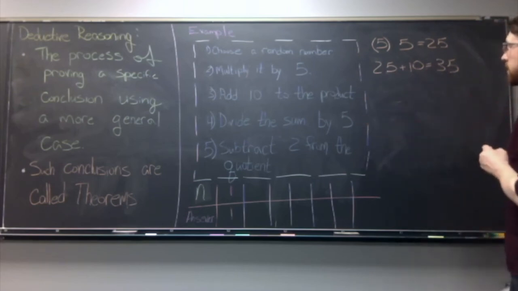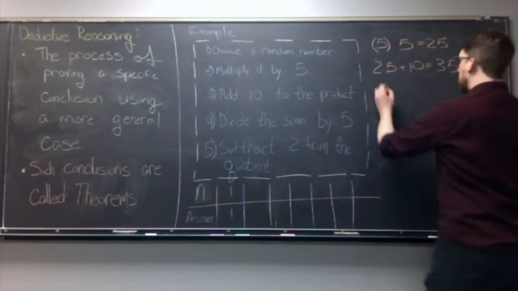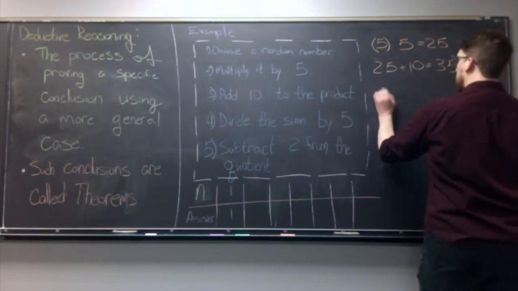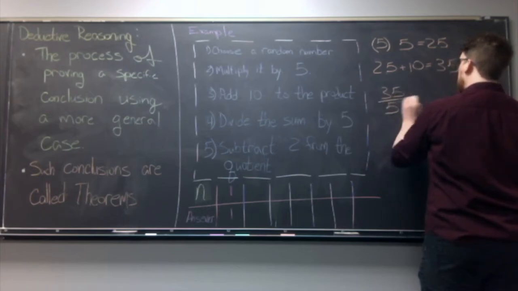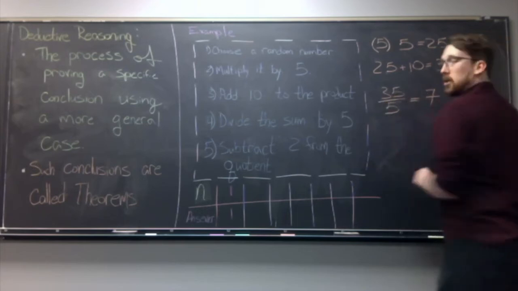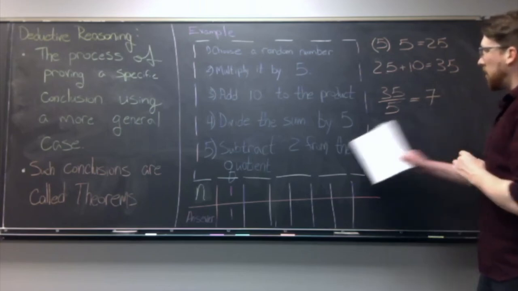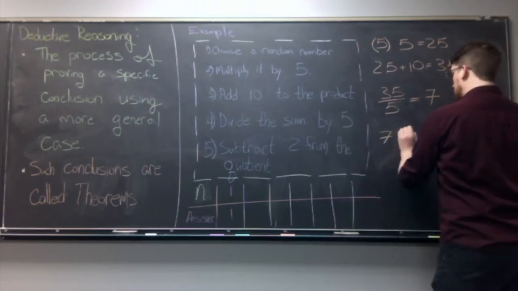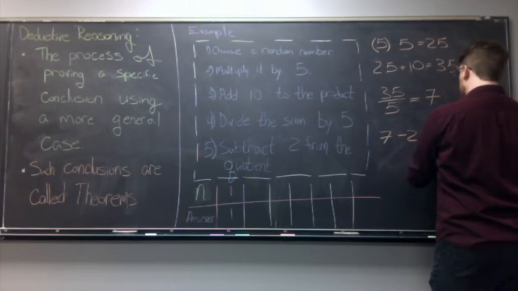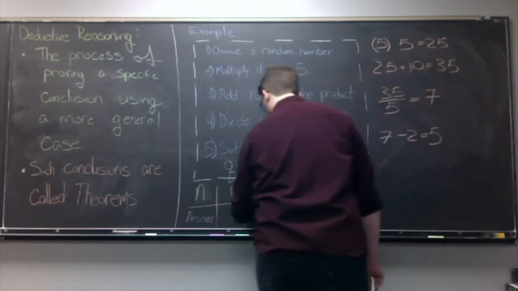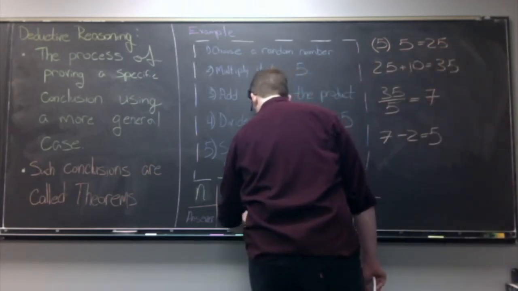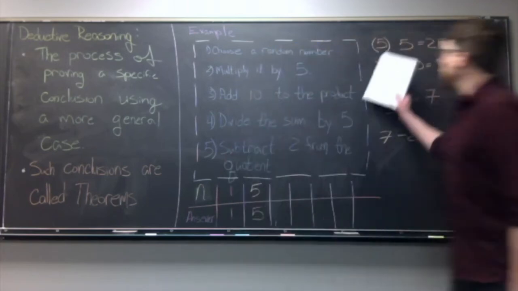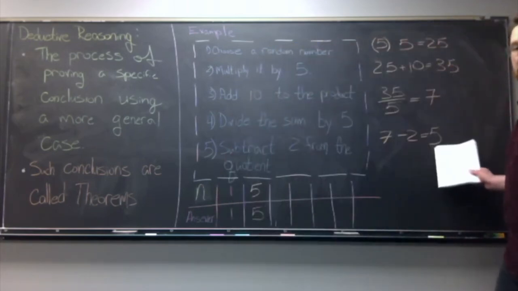Now we're going to divide by 5. 35 over 5, that's going to give us 7. And now we're going to subtract 2 from it. We're going to end up with 5. So we put in 5 and we got out 5 this time.